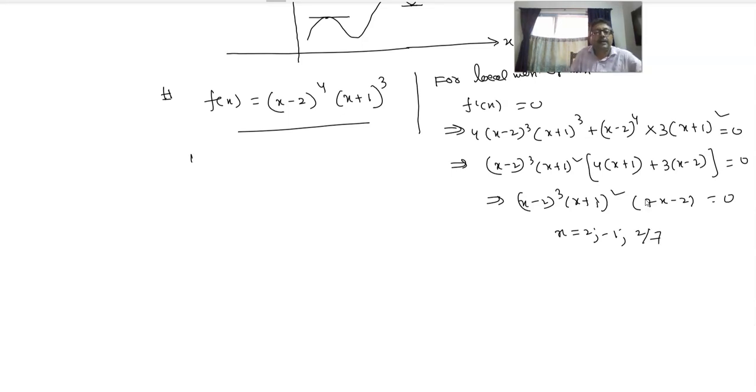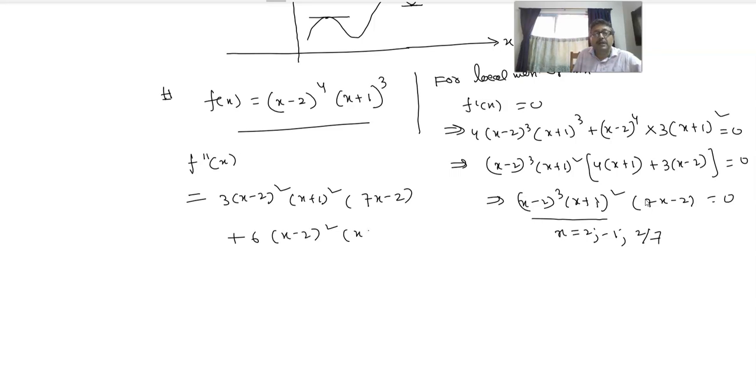Let us find the second order derivative. Second order derivative, when we are going to find here, the sum was better to do by first order derivative, but we have started, so we must finish it. So it is 3 into (x minus 2) whole square, (x plus 1) whole square, this plus 6 into (7x minus 2 plus (x minus 2) whole cube into 7.